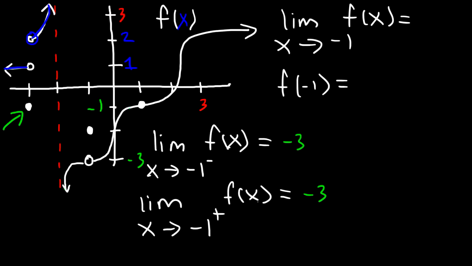So the left side and the right side have the same value. Therefore, the limit exists, and it's equal to -3. Now, what about f of -1? Along this line, you want to look for the closed circle, and here it is. It has a y value of -2. So f of -1 is -2.